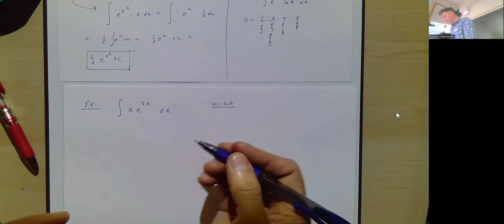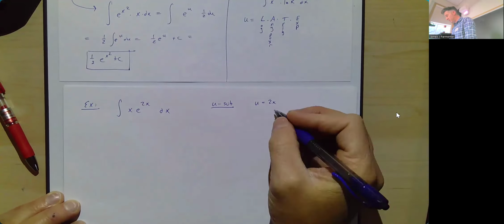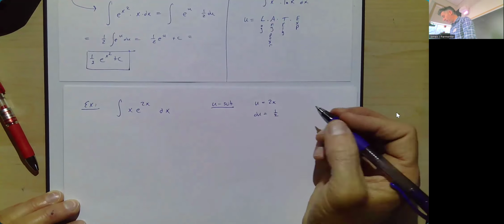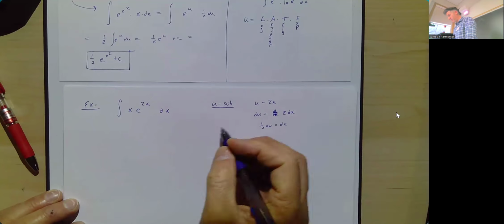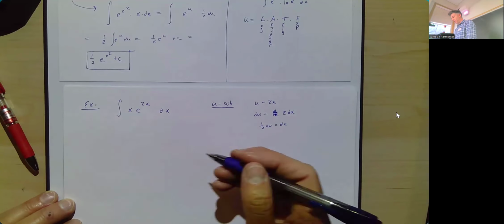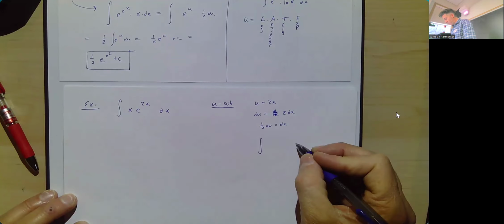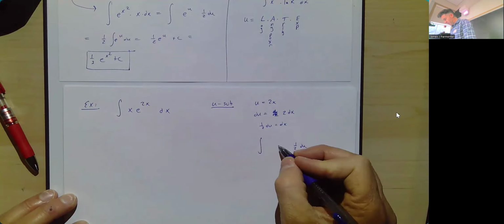Well, let me see. If I was going to do a u sub, I would let u equal 2x. And then my du would be 2 times dx, and then 1/2 times du would equal dx. But if I start replacing things, it's not really going to help me out because I'm going to have my dx being 1/2 du. My e to the 2x is going to be e to the u.